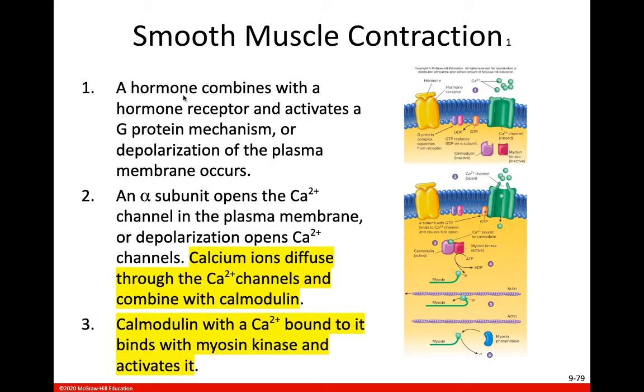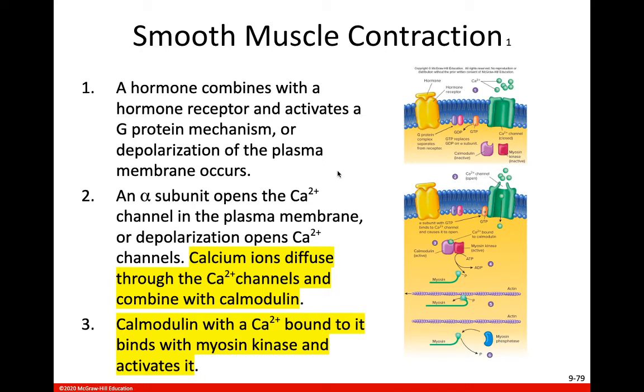Okay, just going through those steps again. These first two are talking about the stimulation of the smooth muscle cell. Normally with skeletal muscle, we have depolarization of the plasma membrane, the sarcolemma, as the action potential is transmitted from the neuron, the presynaptic membrane, to the postsynaptic membrane by the neurotransmitter acetylcholine.